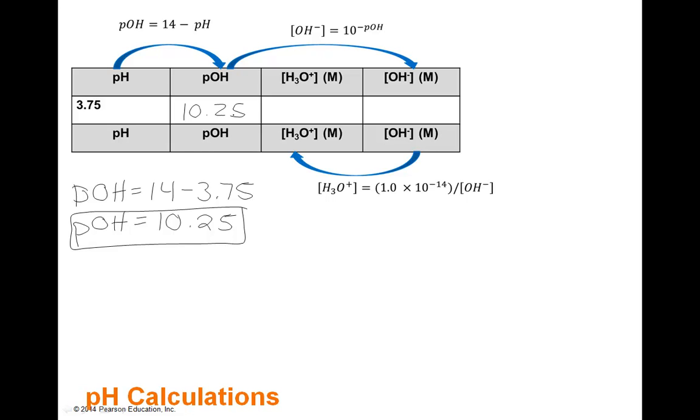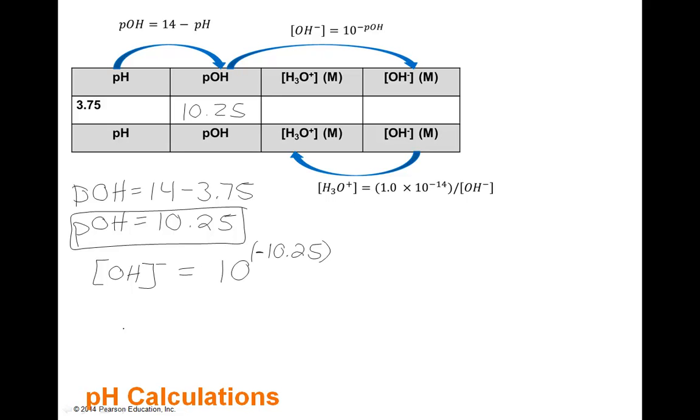Next, you want to convert from pOH to hydroxide ion concentration. So my hydroxide ion concentration equals 10 raised to the negative pOH. So in this case, my pOH, which I just figured out, is 10.25.